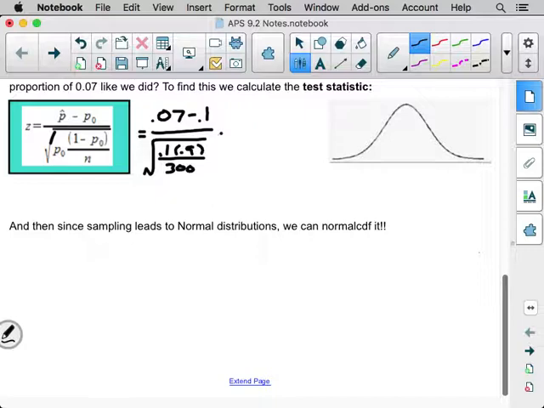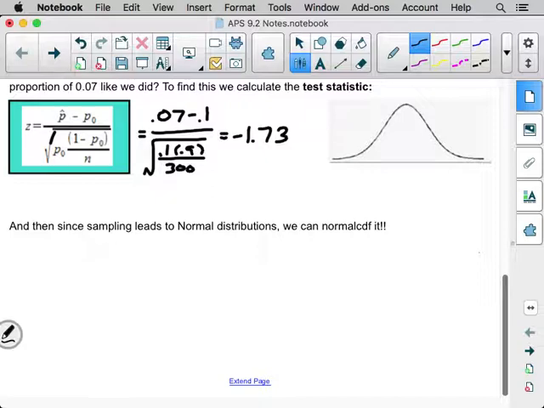Now it's going to give me negative 1.73. Okay, so when they say test statistic, really it is just a z-score. There will be a calculator command in just a second, so don't forget about having to do that. You'll never actually have to do that yourself. I'm just walking through the process now, then I'll show you the calculator.